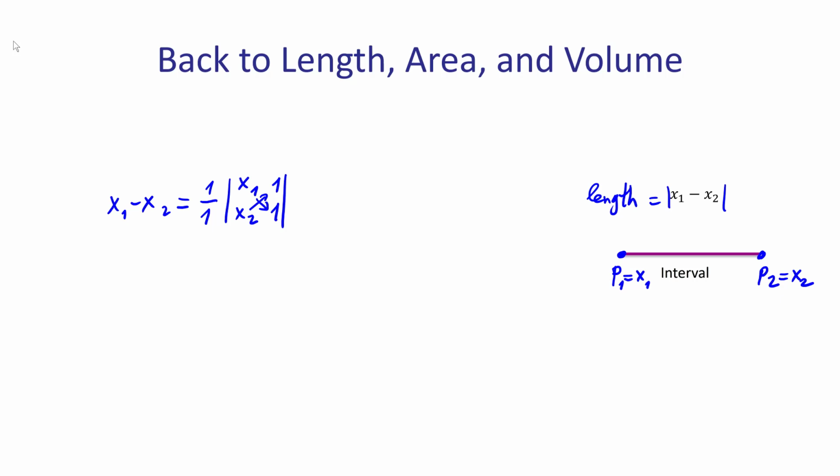It will give you exactly the same thing, which is x1 minus x2, which you will denote by p1, p2, for simplicity of the notation. So this is basically the distance between points p1 and p2. So that determinant of that kind, which is x1, 1, x2, 1, will be denoted like that. You just need to remember that notation now because it will become clear a little bit later why I'm using that kind of notation.